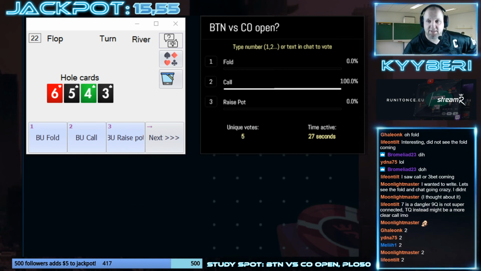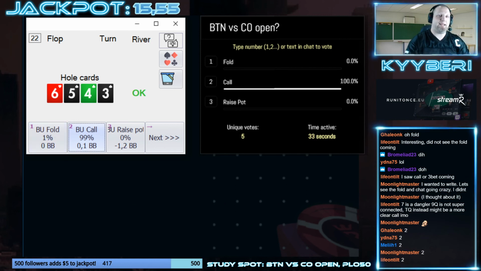Twitch chat says it's a call. Oh, there's that 1% who folds. That is a misclick. So Solver makes misclicks too. It's a call, but Solver made one misclick.